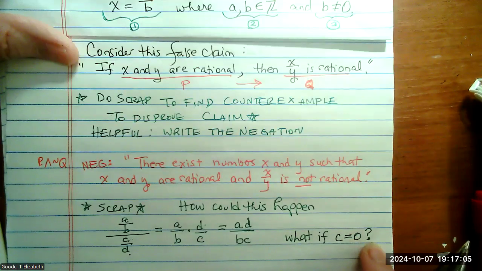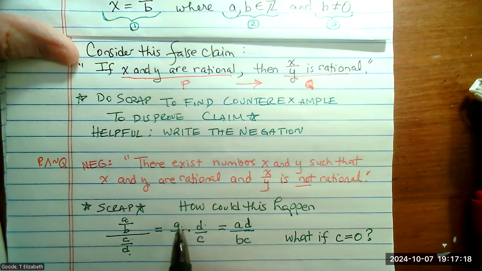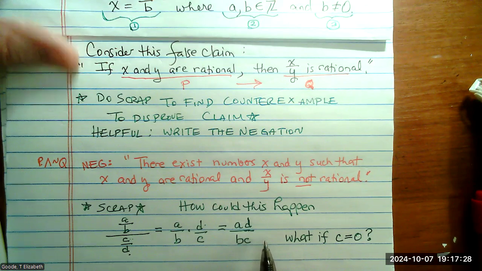Zero is a rational number. We could write it as 0 over 1, right? Every integer is rational. 0 is an integer, so it's rational. But when we do this divide operation, that C comes downstairs and makes this denominator go bad. That won't even be defined, much less rational.